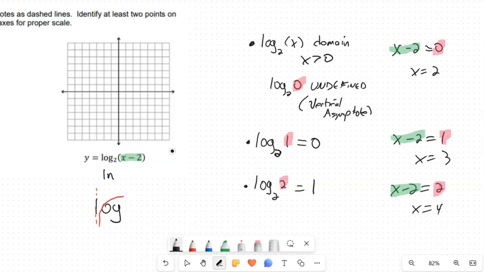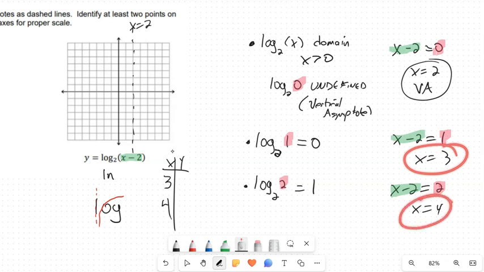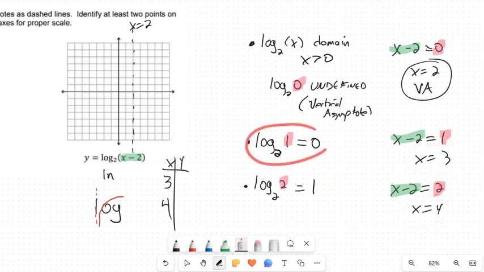What this is giving me are some values. For example, x equals 2 is the vertical asymptote. So let me label this with an x equals 2, vertical asymptote. And then x equals 3, I'm going to plot points. Give myself some room to work. There we go. Using 3 and 4, the two values that I just generated, and it's going to give me these nice facts that I know about logs. This would be log base 2 of 3 minus 2, which is log base 2 of 1, that's 0.